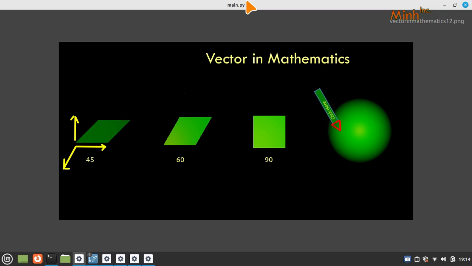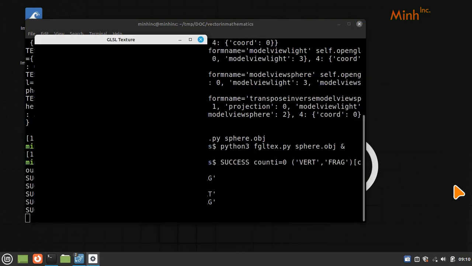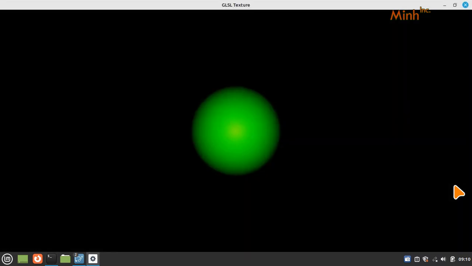If I bring the light source near, then these angles grow with the light source, and it becomes smaller and smaller. So we'll see the light analogy, how it looks in the practical sense.